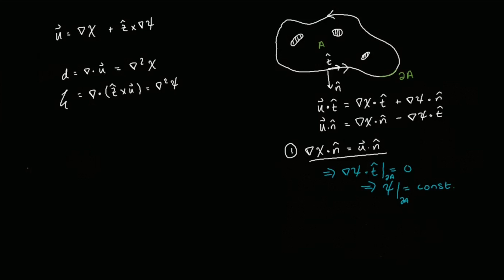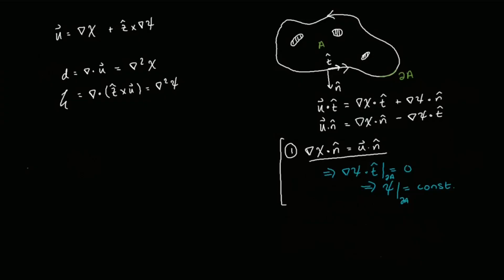I could say grad psi dot n hat equals u dot t hat, right? Which means that chi would have to be a constant on the boundary. That's another possibility as well. There's a lot of options, right? We can pick any linear combination of these things. We're going to stick with option 1 here for now.